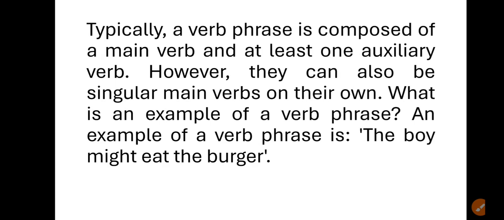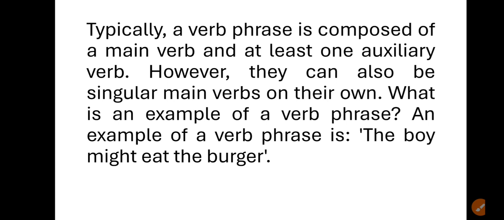Now, typically a verb phrase is composed of a main verb and at least one auxiliary verb. Now come to the verb phrase. In a verb phrase, at least one main verb and one auxiliary helping verb must be there.